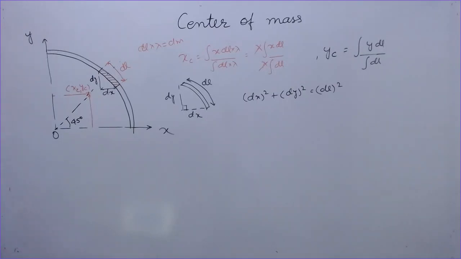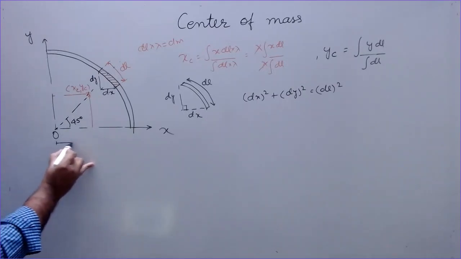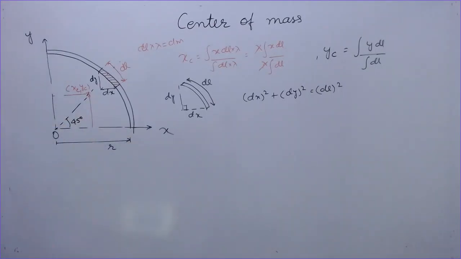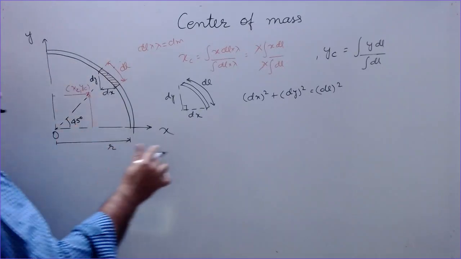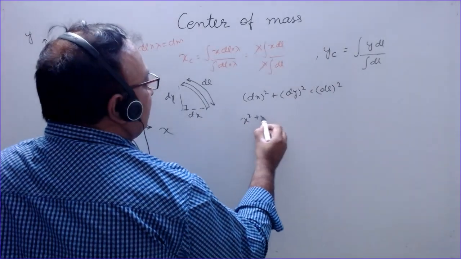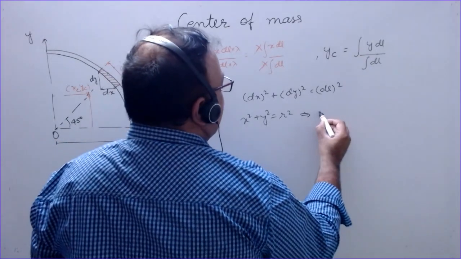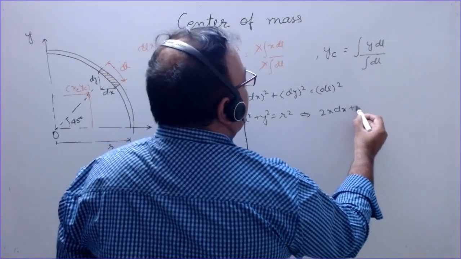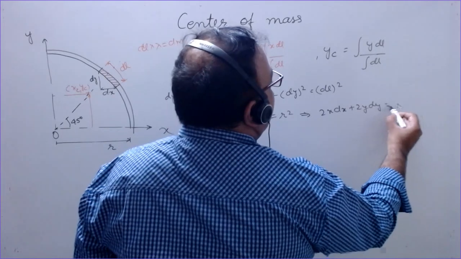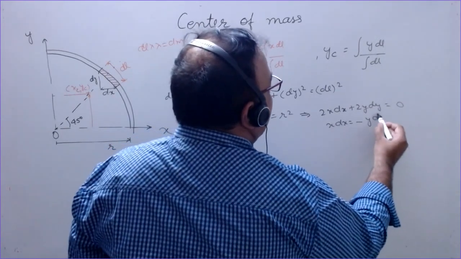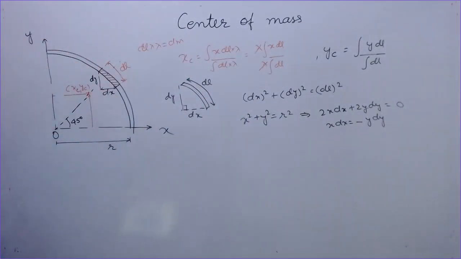And suppose r is the radius of the wire. So the equation of this circle is x square plus y square equals r square. If you differentiate both sides, 2x dx plus 2y dy equals 0, since r is a constant. So x dx is equal to minus y dy. This relation we can use to correlate dx and dy.